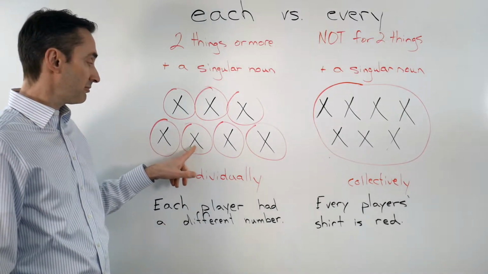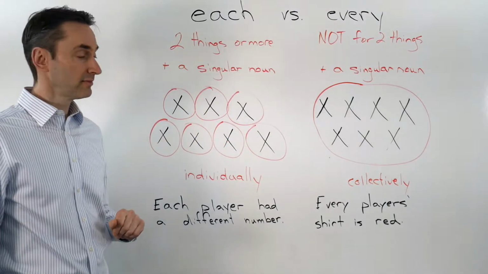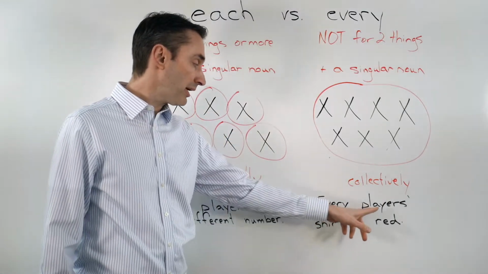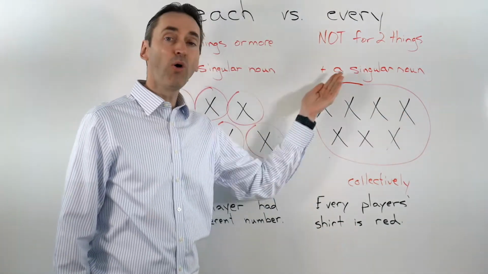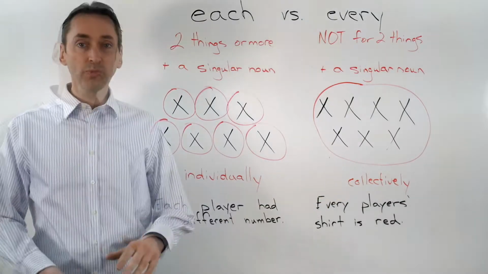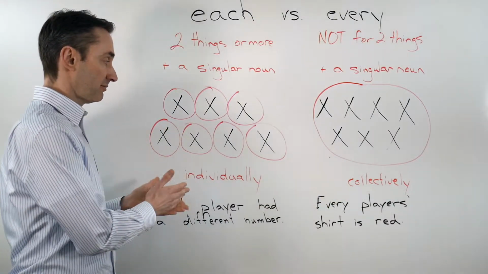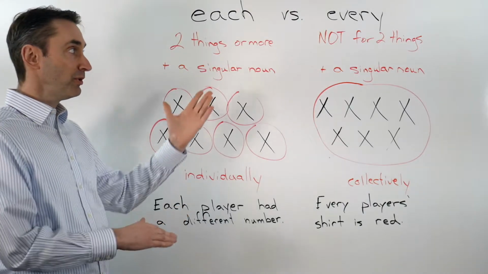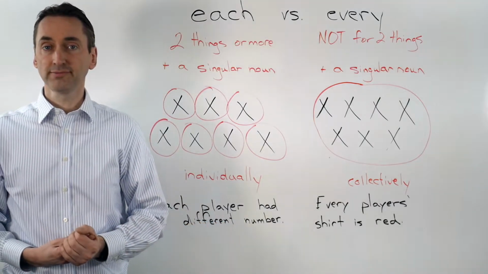So each person has a different number. With every player's shirt is red. They're all red. When we use each, we are speaking more individually. When we use every, we're speaking more as a group of things.